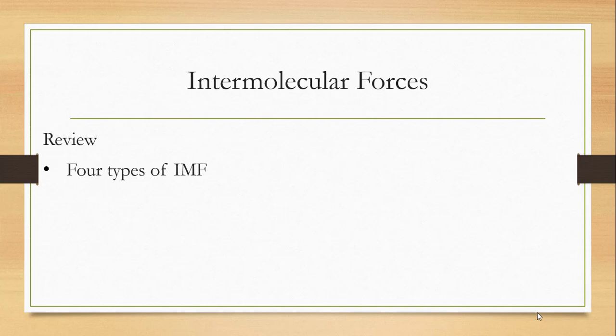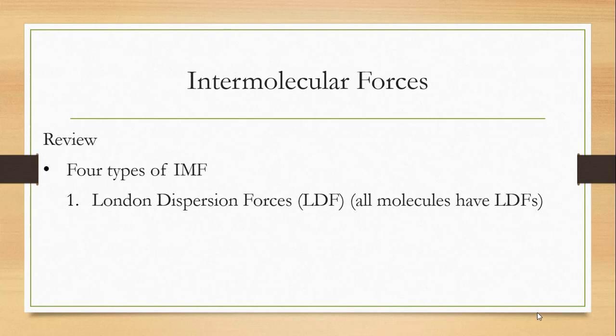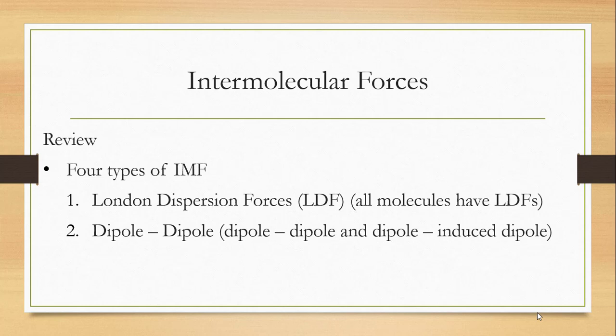We will eventually discuss 4 types of IMF. We have the London dispersion forces, and all molecules have London dispersion forces. Dipole-dipole, and that can be broken down to straight dipole-dipole and dipole-induced dipole, hydrogen bonding, and ion dipole. The latter 2 will be discussed in the next video.